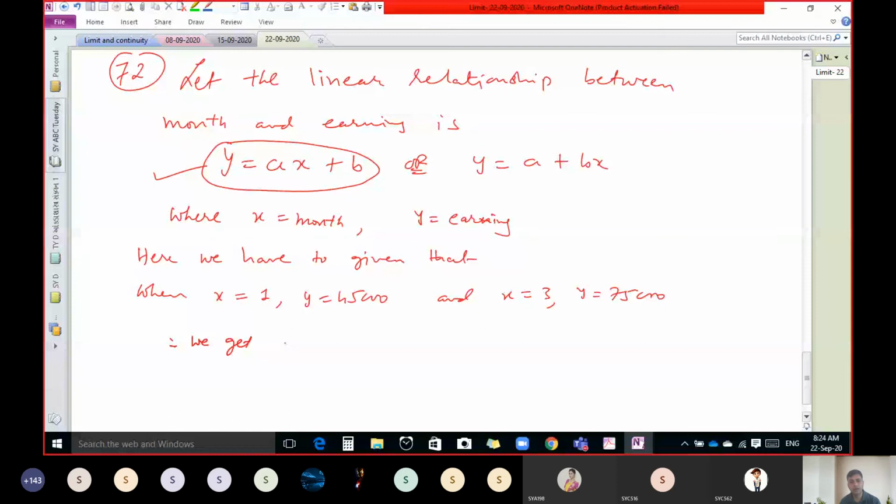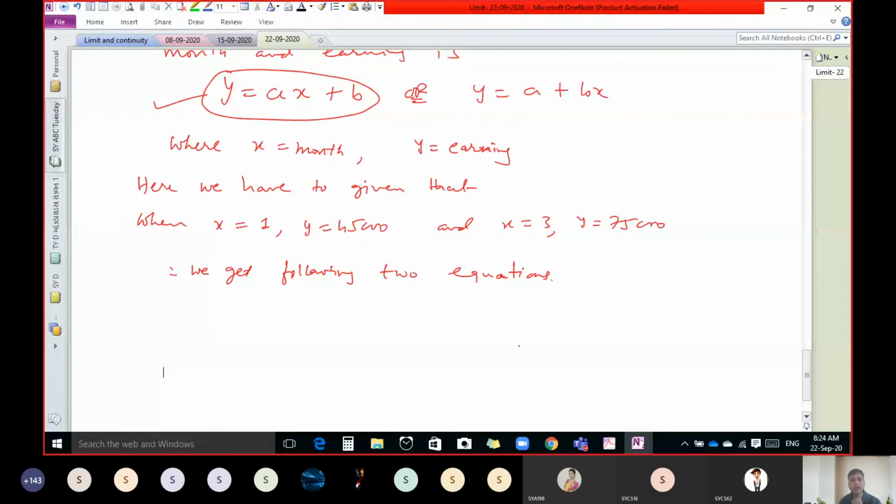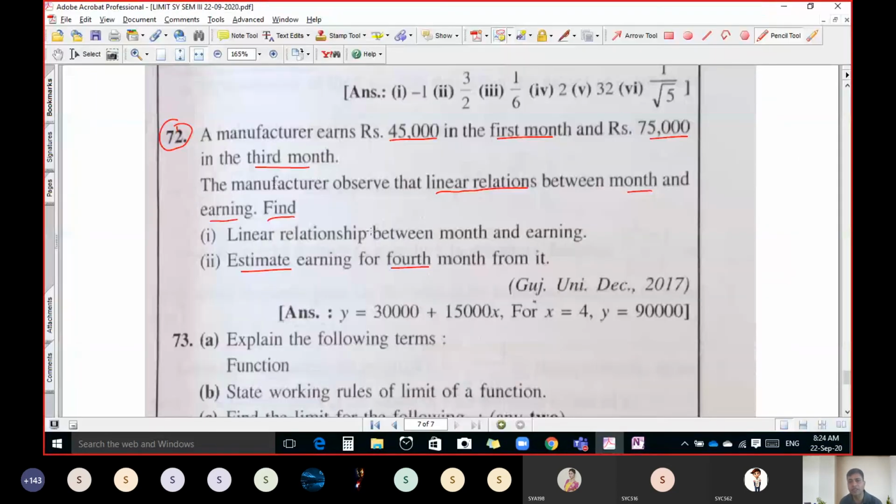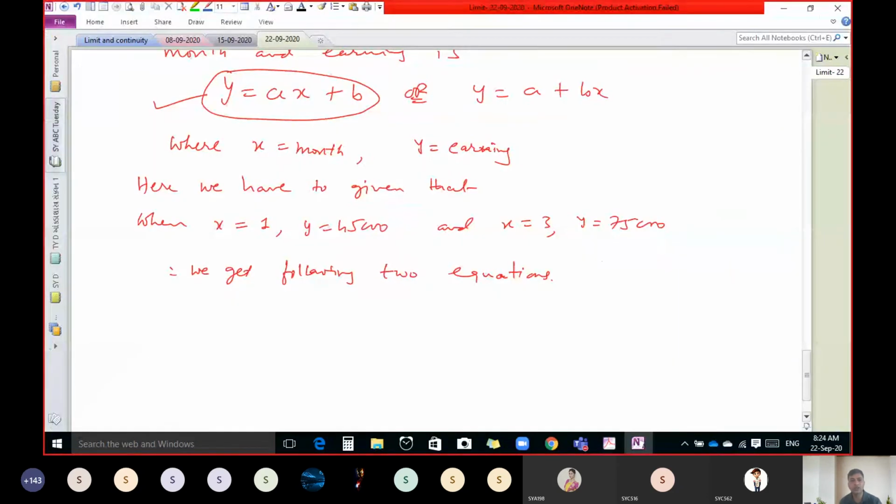Therefore we get the following two equations. Okay, which two equations? Tell me. If we put x equal to 1, we get y equal to 45,000. It is given that first month earning is 45,000, third month earning is 75,000. So in place of x you have to put 1, and in place of y you have to put 45,000.